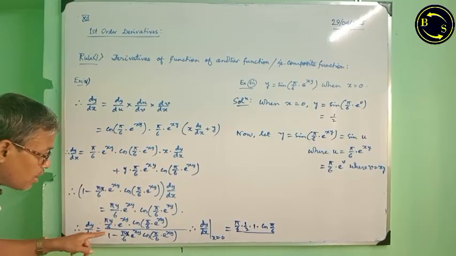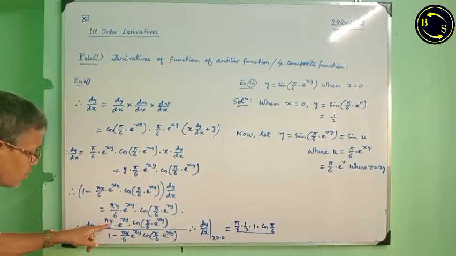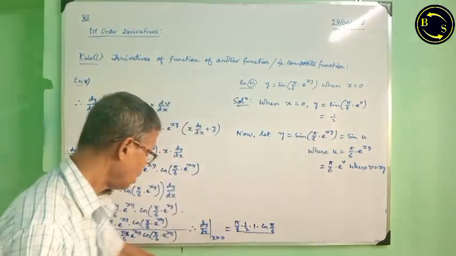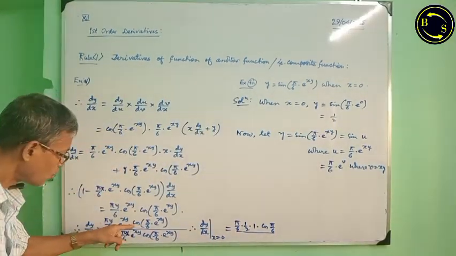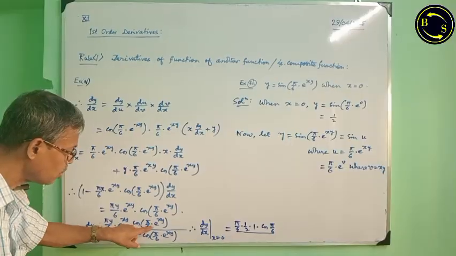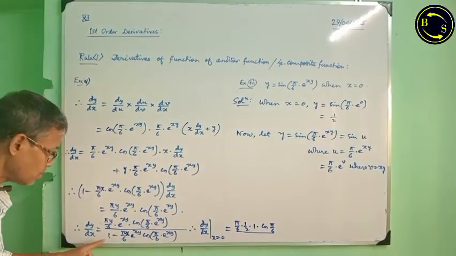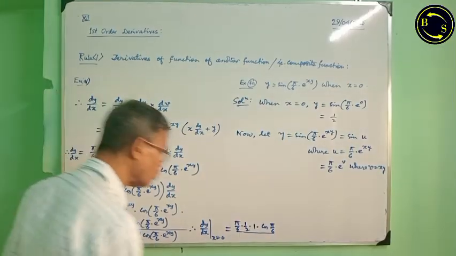Therefore, the numerator becomes pi by 6 into the value of y. Already I have found that, half into cos within brackets pi by 6 into e to the power 0, which means 1. Finally, cos of pi by 6 divided by 1 minus 0.